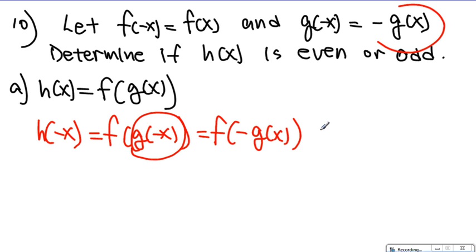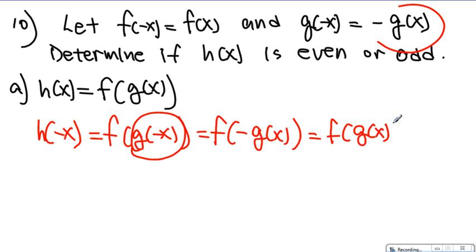Now, how does function f behave? When you look at function f, when you have the negative of this substituted in, that's equal to f of the same thing but without the negative sign. F of negative this is equal to f of this. Yes, it's kind of funny I use the word this, but f of negative this would have been equal to f of simply this without the negation sign.